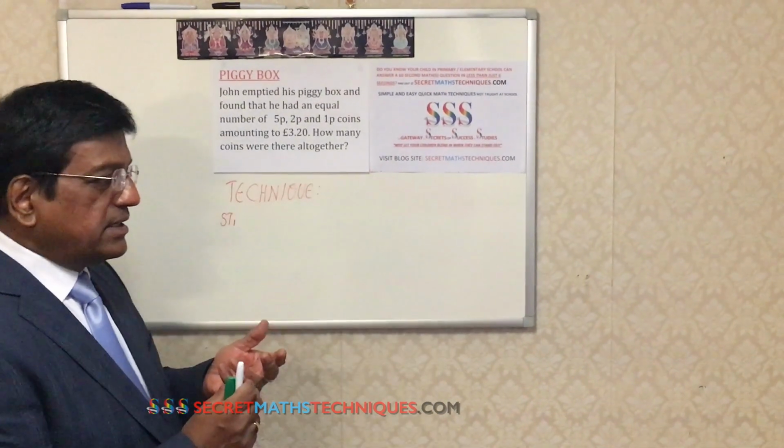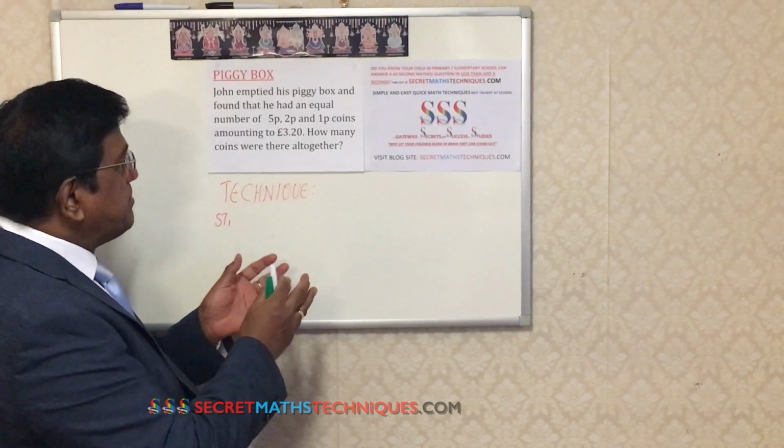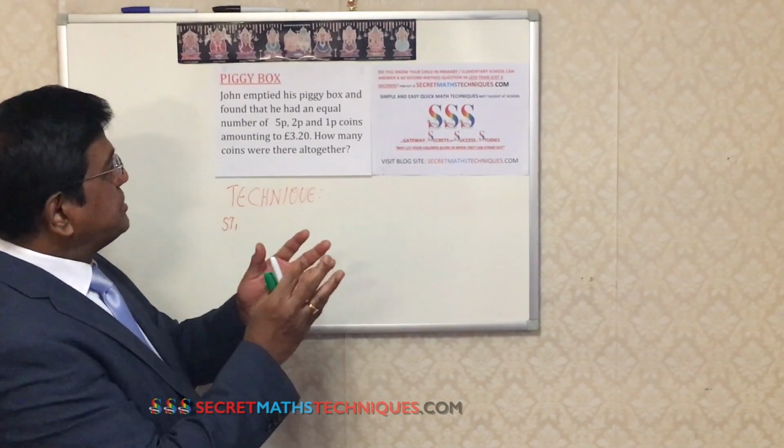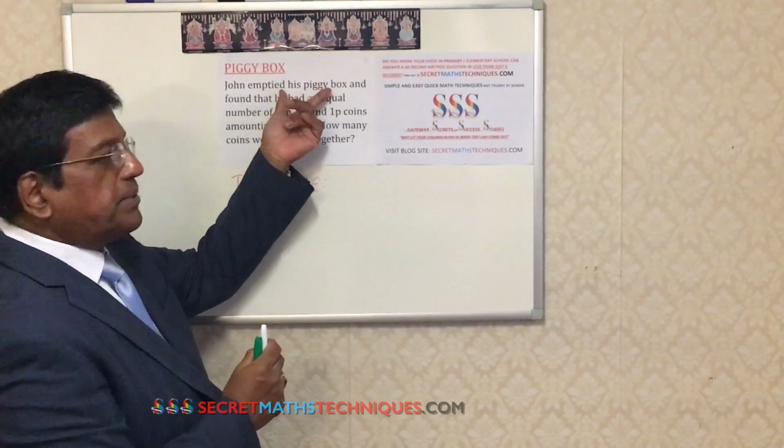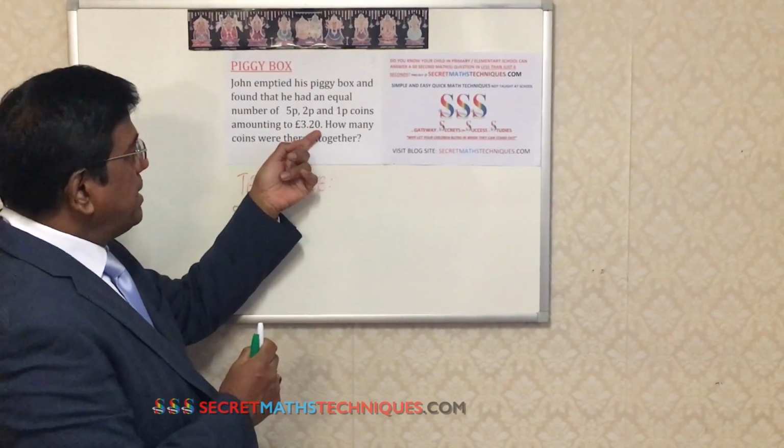That means you add all the coins of 5p, all the coins of 2p, all the coins of 1p, and then add all of them. The total value you had in the piggy bank is £3.20.